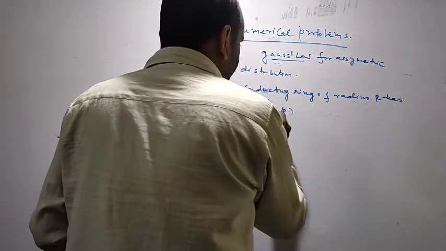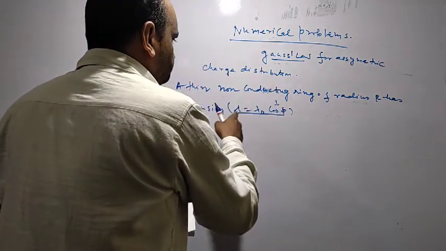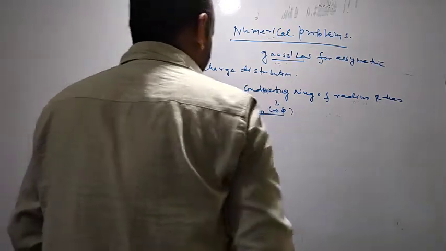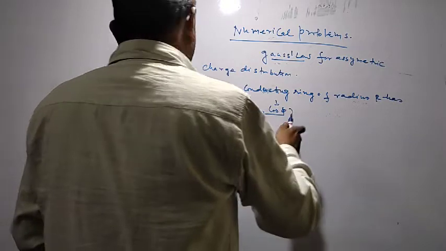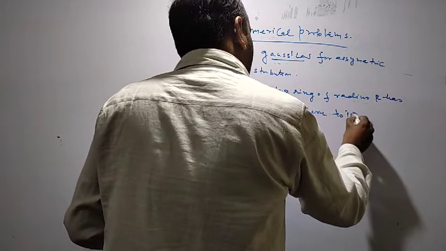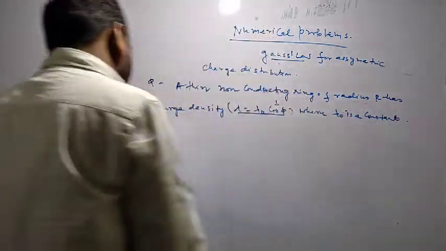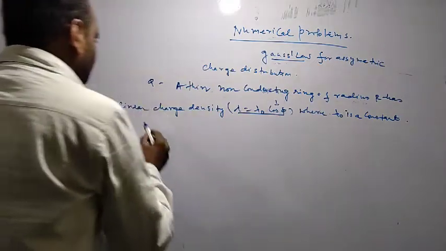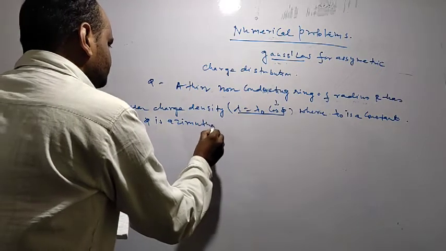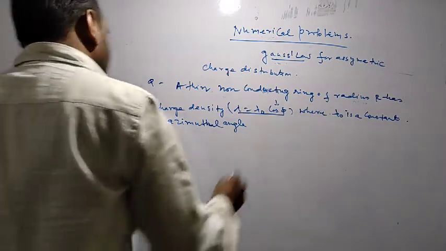So this expression, cos phi, makes the charge density asymmetric, where lambda naught is a constant and phi is the azimuthal angle.